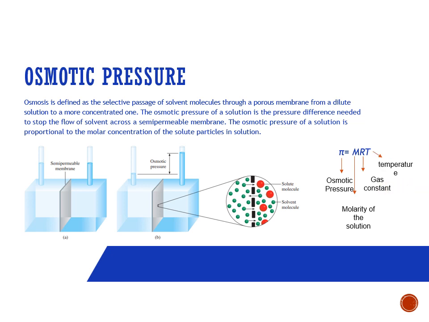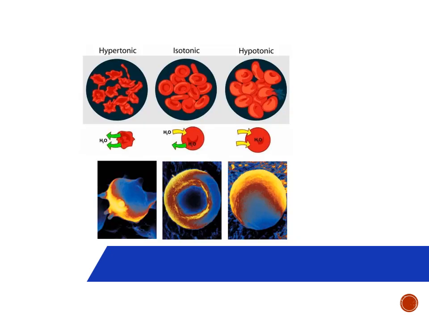T is yung temperature. So, this is an example of osmosis. So, this is what are RBCs, or red blood cells. Hypotonic, yun yung may low concentration ng fluid. And hypertonic has higher concentration naman ng fluid.